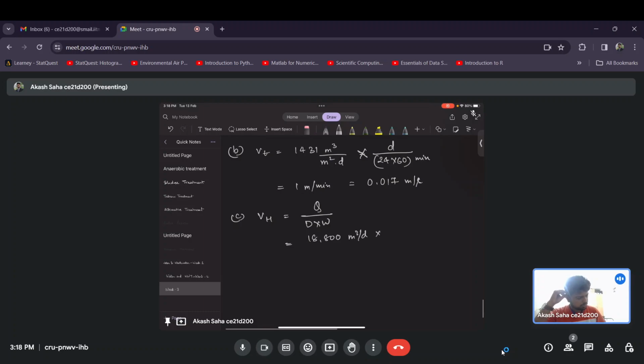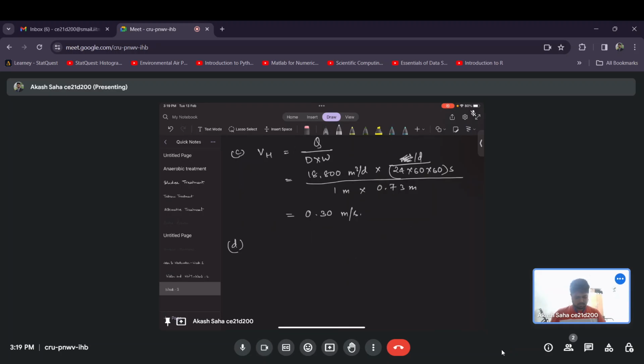I will change it to seconds, so meter cube per day into 24 into 60 into 60 seconds, divided by 1 meter depth into 0.73 meter width. So it will be coming as 0.30 meter per second. So my velocity of flow is 0.3 meter per second.